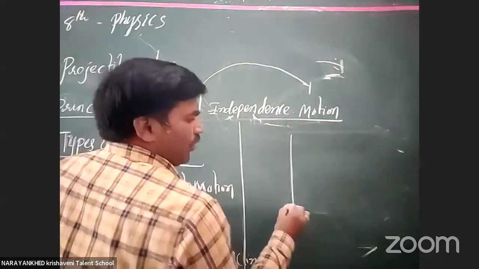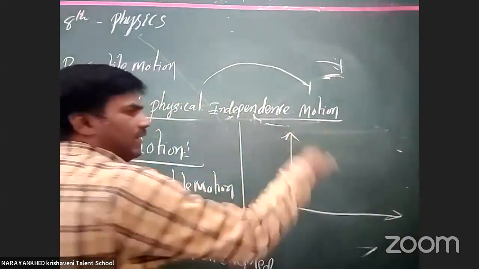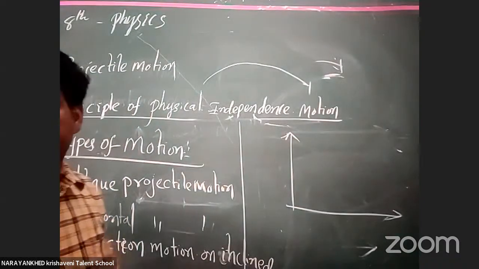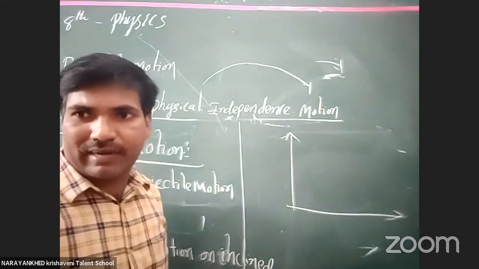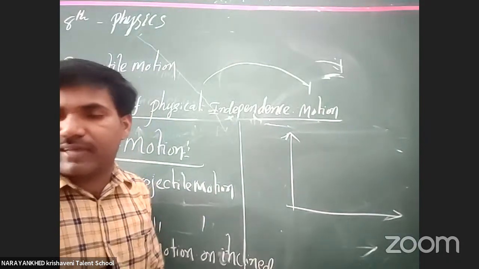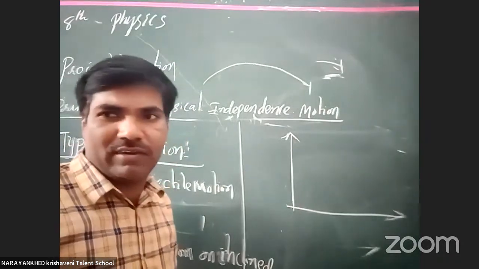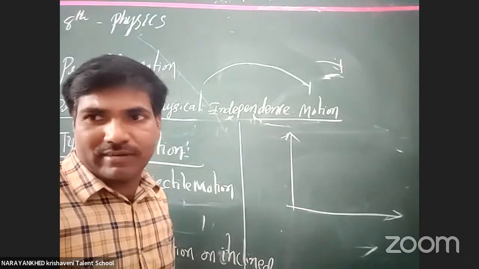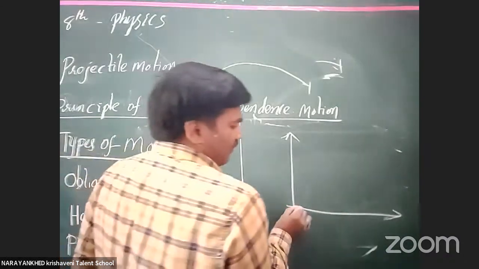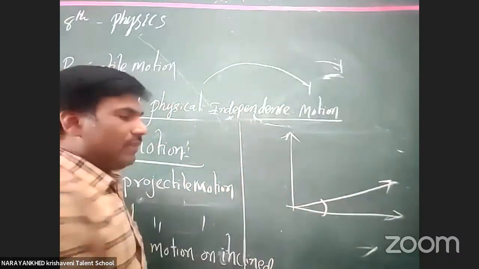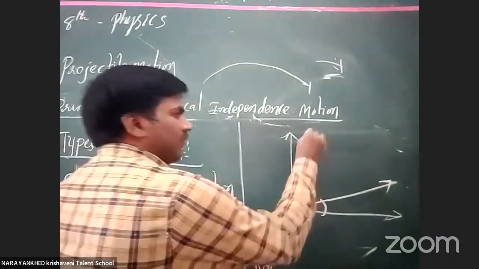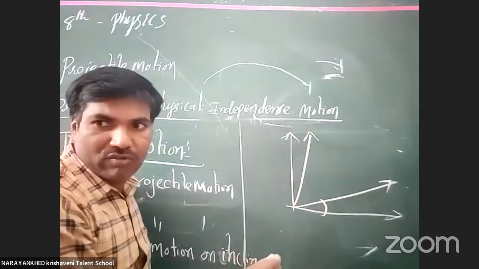Till now we have taken motion based on the x-axis or y-axis, either parallel or perpendicular. Here it is not like that. We do not take the basis of the x-axis. It makes some angle with the x-axis, or some angle with the y-axis, not only the x-axis but the y-axis also.